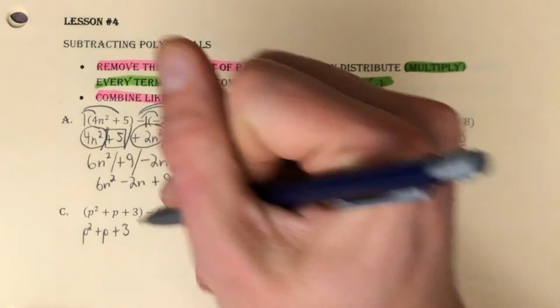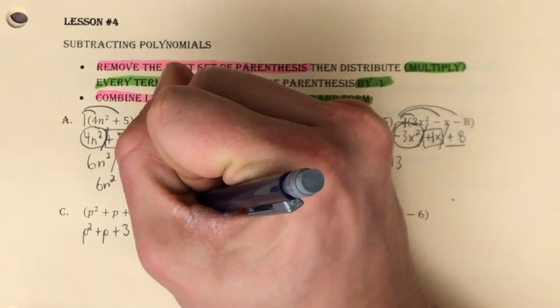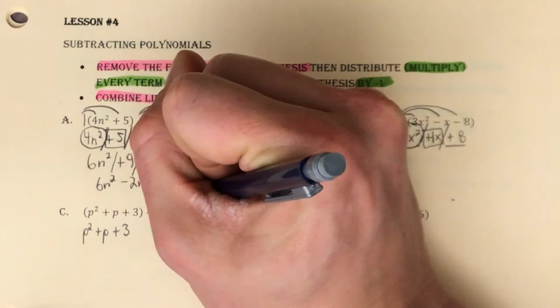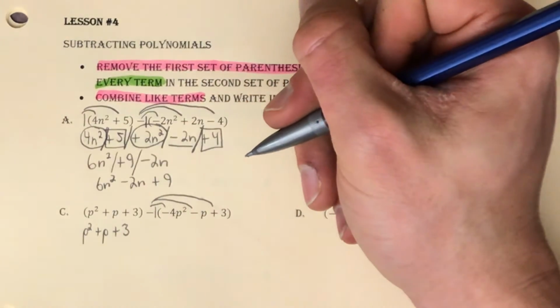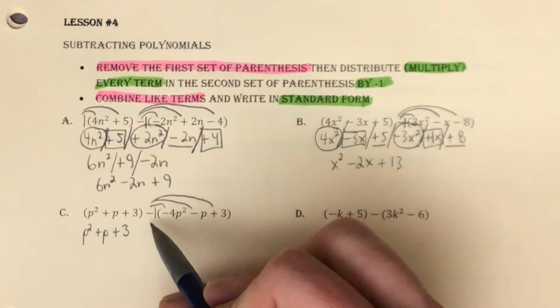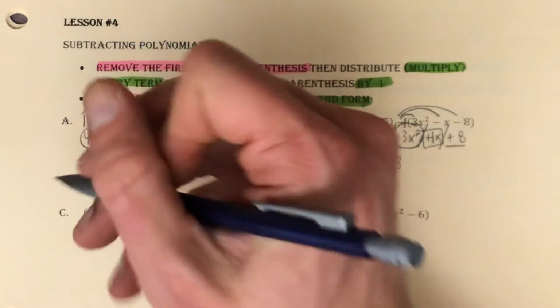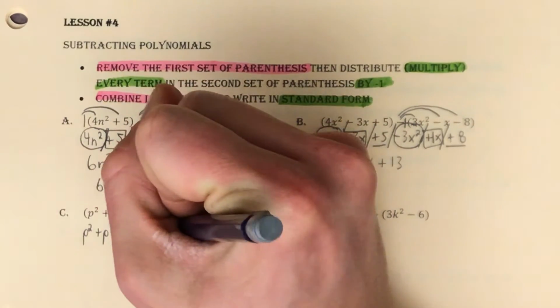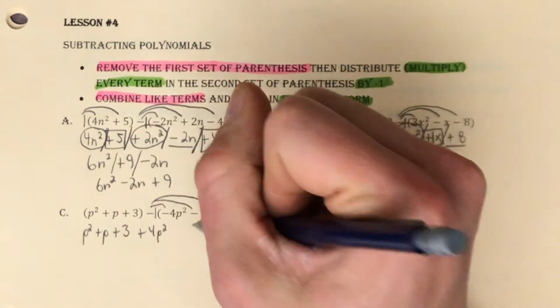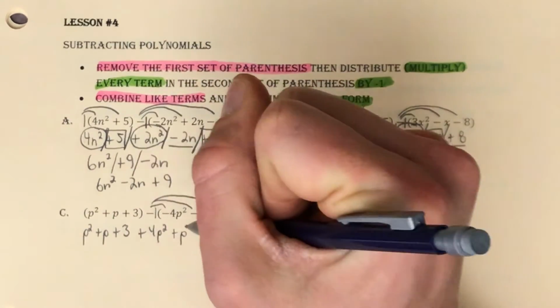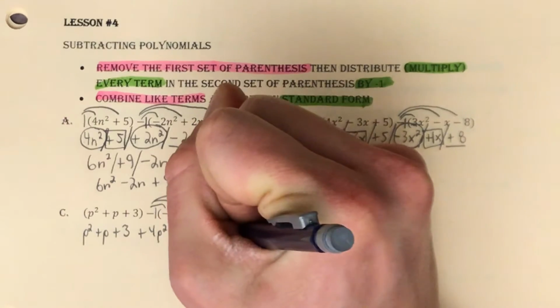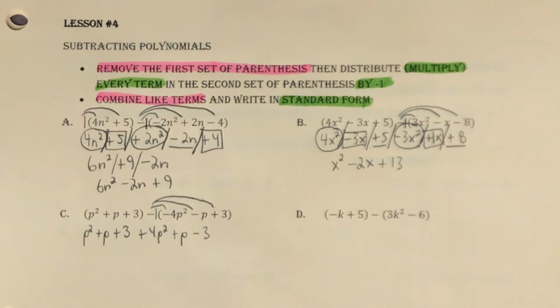Second part, multiply the entire second parentheses, each term individually, by -1, which doesn't change any of the numbers, but only changes if it's positive to negative or negative to positive. So this becomes -1 times -4p squared is positive 4p squared. -1 times -p is positive p. And -1 times positive 3 is -3.